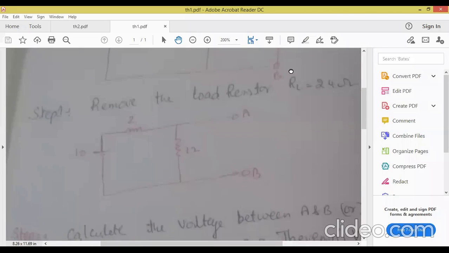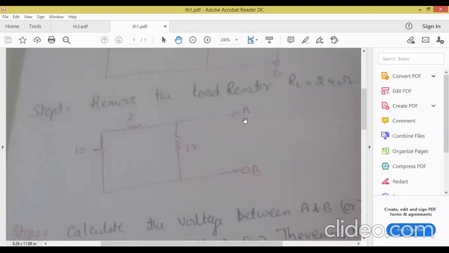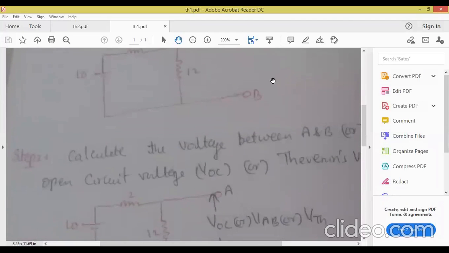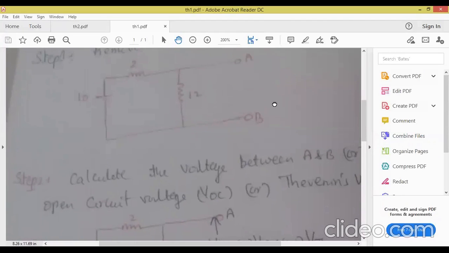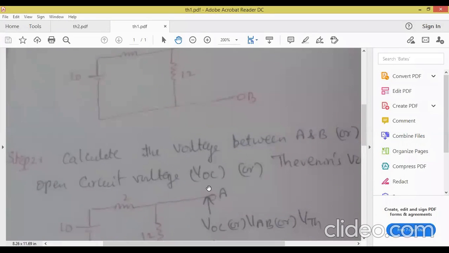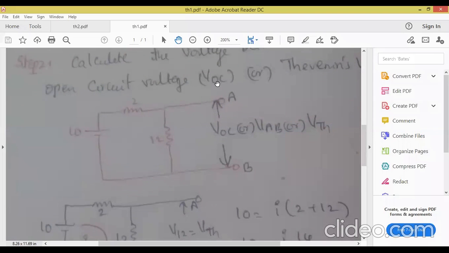Okay, I have removed the resistor. Now, when it is removed, we got the open area or open circuit. So, at this open circuit, what are we having? Voltage. That voltage is called the Thevenin's voltage. But that voltage, another name is what? Open circuit voltage. Or another name is voltage present between A and B.